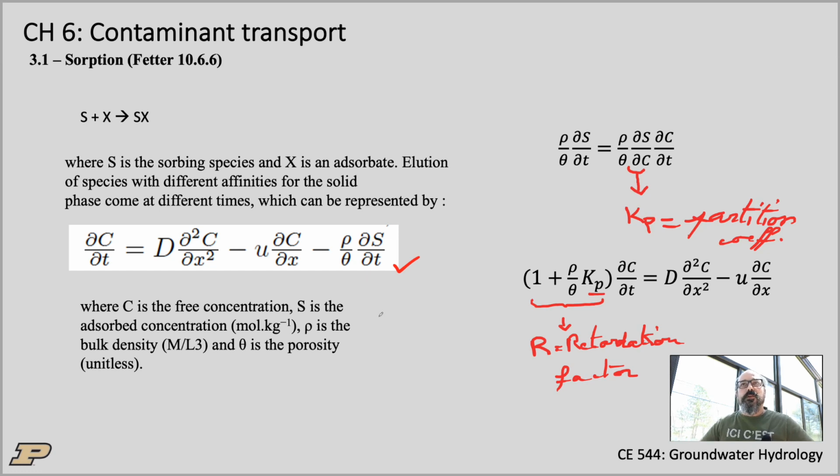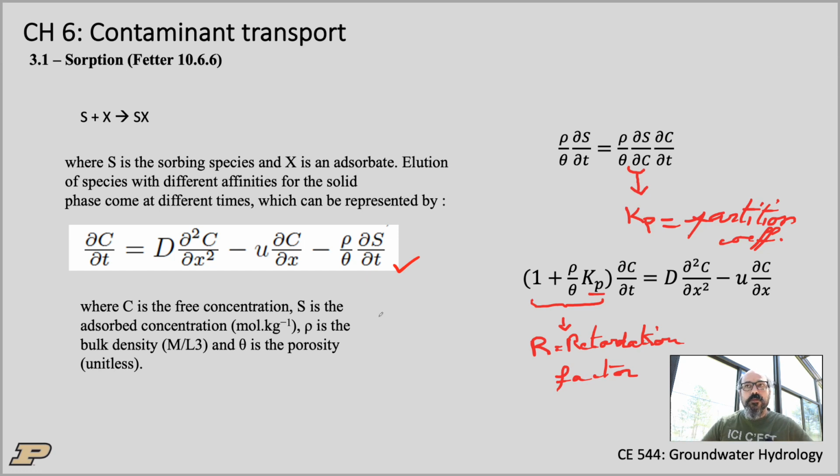So S would be the concentration of the sorbed species, right? So again, S would be a concentration in mass per mass, okay? So this is different from what we've seen before, because again, if you want the concentration of something that is stuck onto a grain, onto a mineral, now the concentration has to be mass per mass of mineral, right?